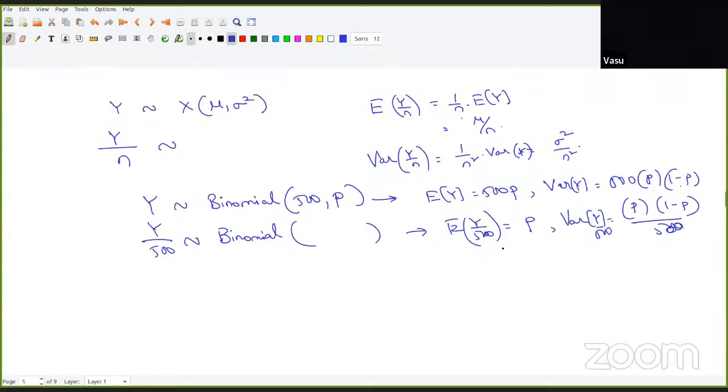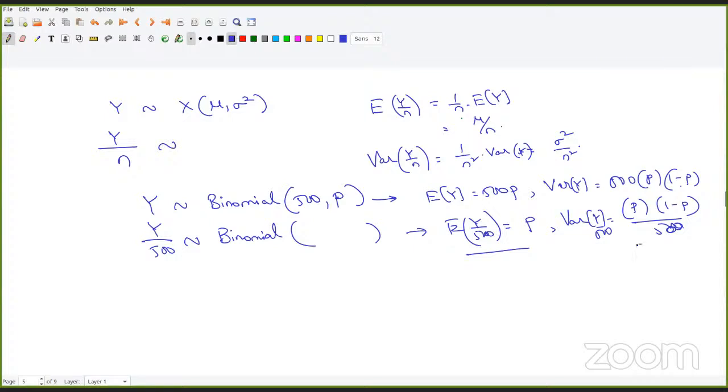So this expected value is this, and this variance is this. How to get this n? We don't worry about that n, p; you can compute backwards, but right now it isn't required.